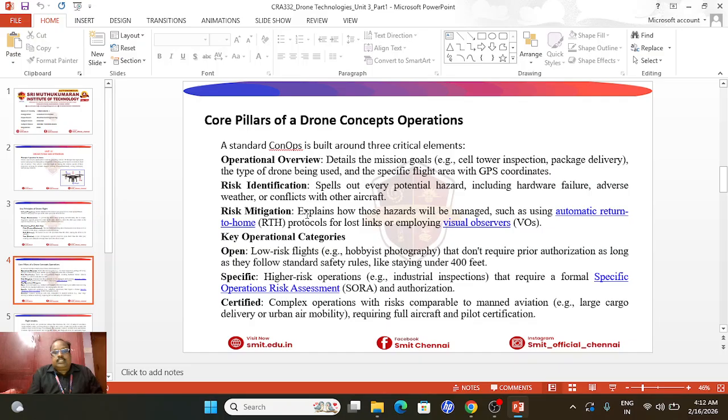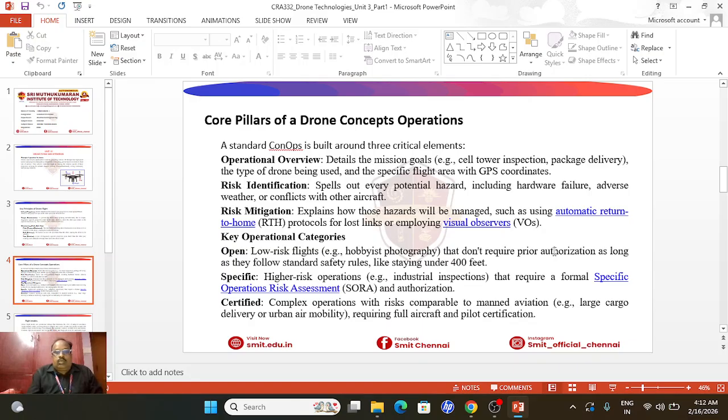Risk identification spells out every potential hazard, including hardware failure, adverse weather, and conflicts with other aircraft. Mitigation explains how those hazards will be managed, such as using automatic return to home, RTH, protocols for lost links, or employing visual observers, VOs.